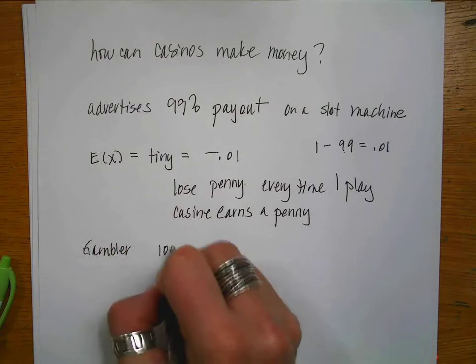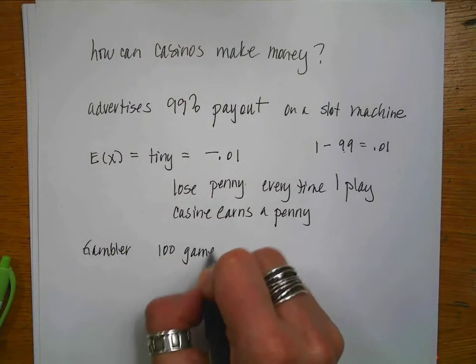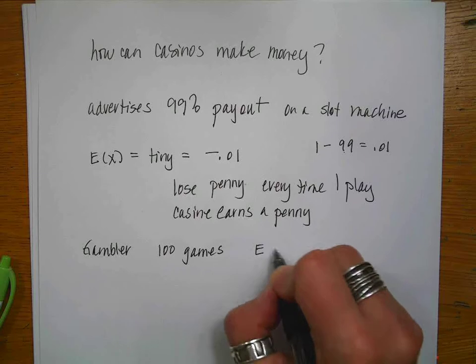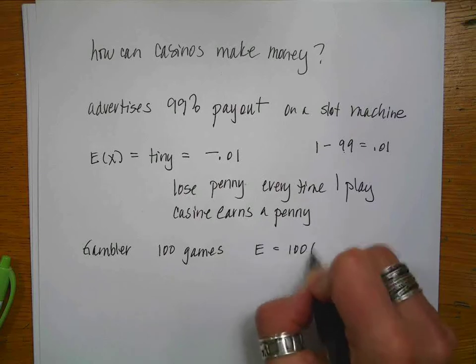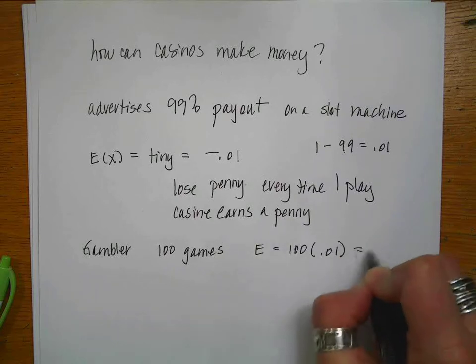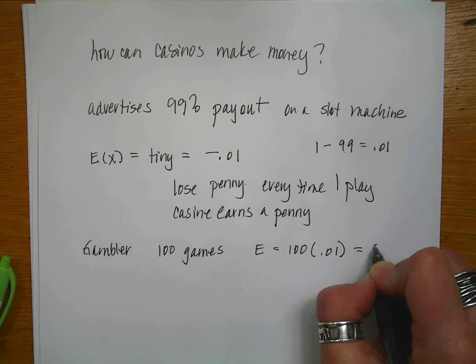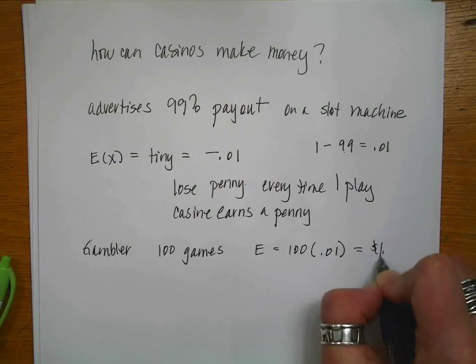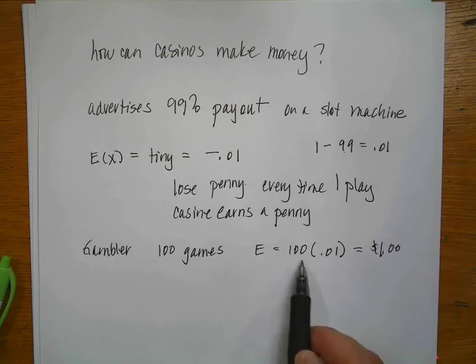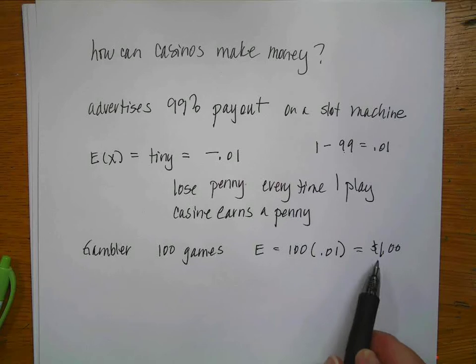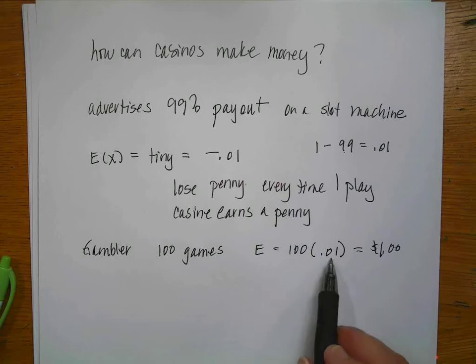So if I play, let's say I'm a gambler, and I play 100 games, then my expected value is 100 times the 0.01, which is $1. So for every 100 games that I play, I potentially earn $1, right?